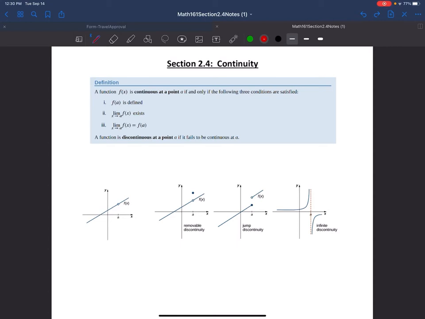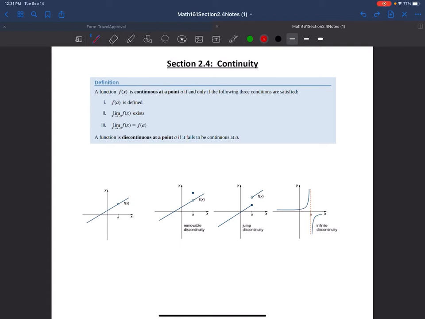Even if they both went to infinity, that still is not an existing limit. It's just a more descriptive way of saying how it doesn't exist. Since 1 and 2 are not satisfied, neither can part 3 be satisfied, because there's no hope of them being equal if neither of them exist or are defined.